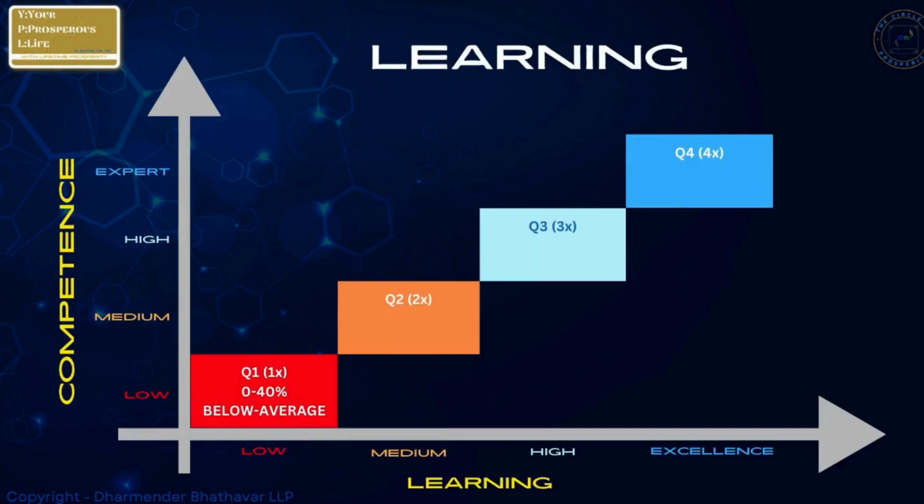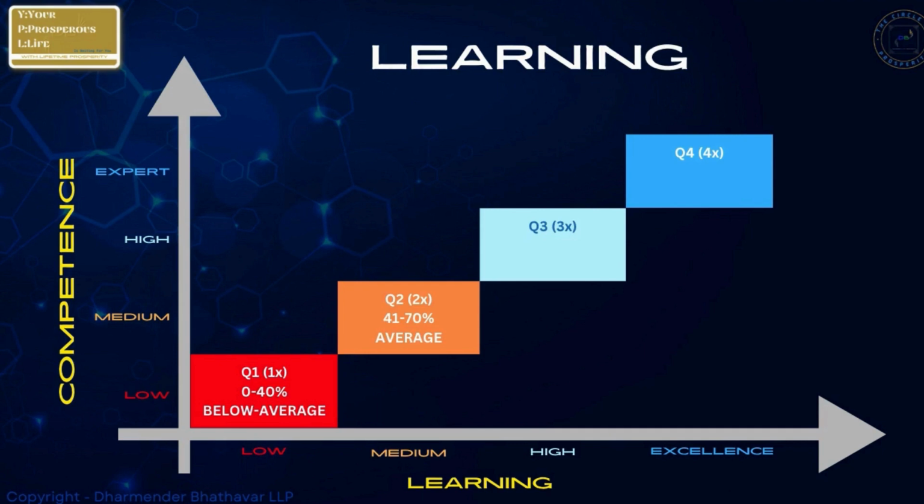So as we know in the educational example what we took in the first to understand the quadrants, here the competency levels is low because their learning capability is low and hence their performance or learning inputs would be below average, that is 0 to 40%, and hence they are placed in quadrant 1. Quadrant 2 is an average where their competency and learning levels are medium.